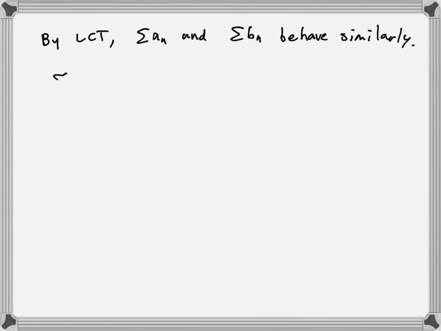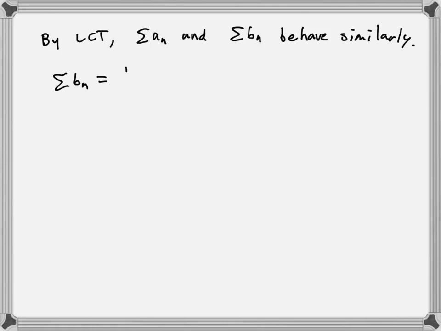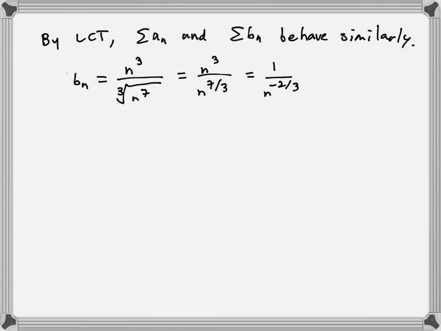So now let's look at bn. Presumably it should be easier, right? Remember, bn is n cubed over cube root of n to the 7th. So this is the same as n cubed over n to the 7/3. 9/3 minus 7/3, this is actually 1 over n to the negative 2/3. Sorry, let me erase this here because I'm looking at just Bn, right?